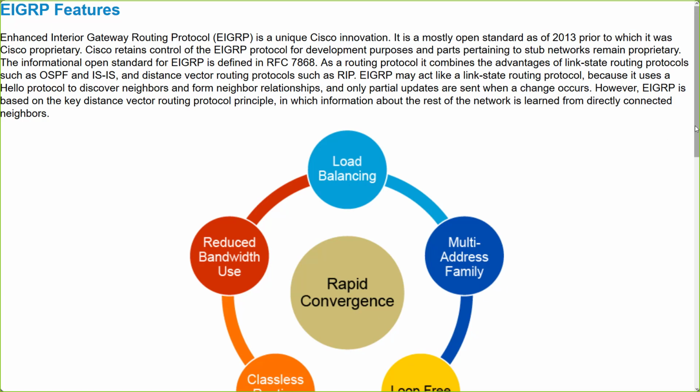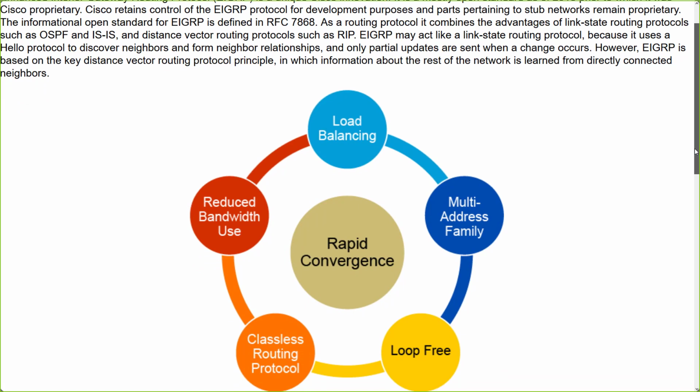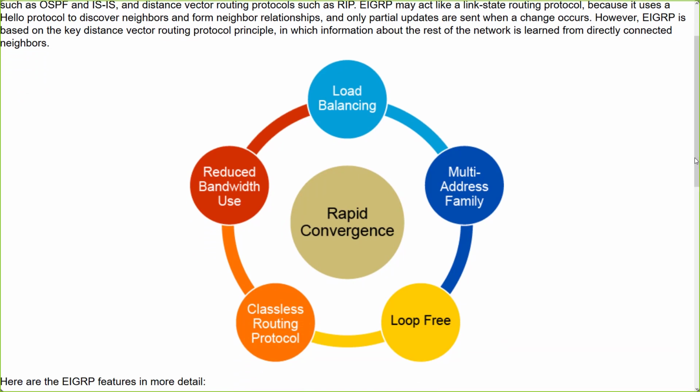Now we see in the diagram here that EIGRP has some specific components, and we'll probably talk about each of these components in detail, but I'm going to break down some of these components while we're on this diagram here, just to give you an idea of what some of the features are of EIGRP and how it might differ from other widely used interior gateway protocols like OSPF, for example, because there are some significant differences between those protocols.